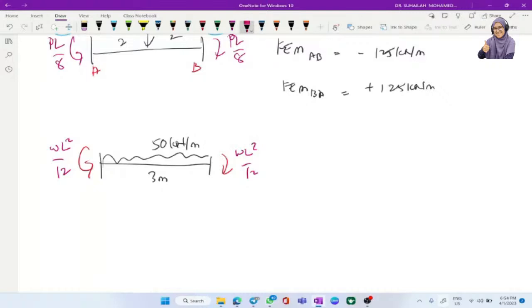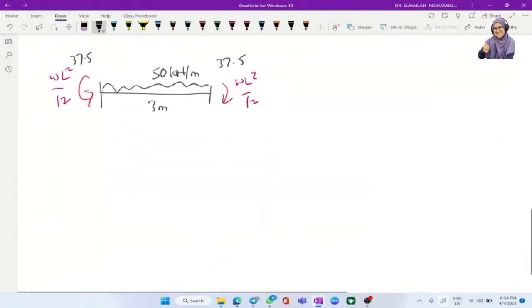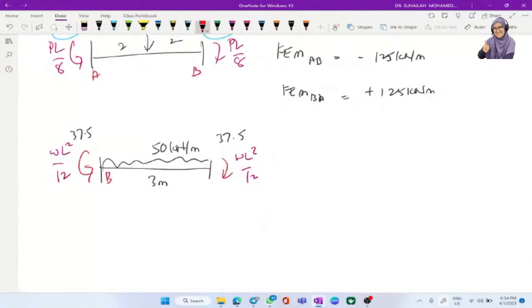WL squared over 12, it is 37.5. So because this is BC, FEM BC equals negative 37.5 kilonewton meter, and FEM CB equals positive 37.5 kilonewton meter.